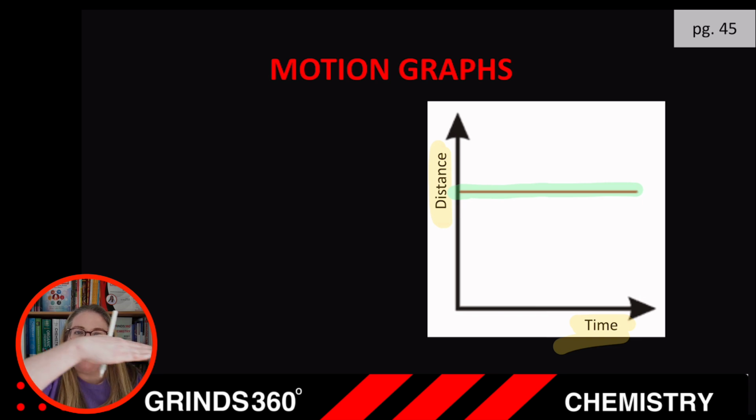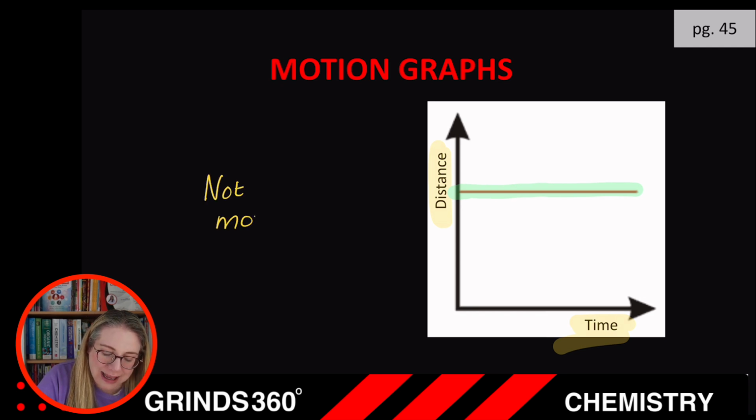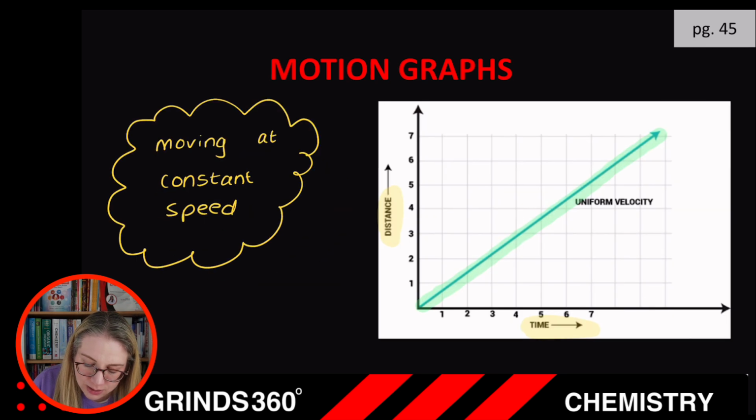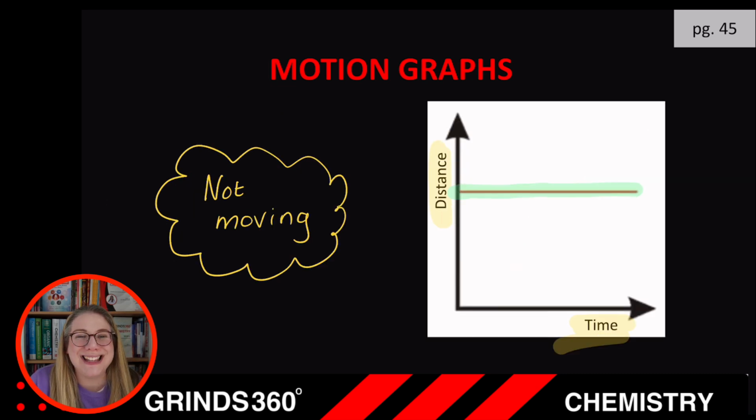So when you see that flat line, when you have distance on the y-axis, that means whatever the object is, it is not moving at all. Okay? So this one, the one before it, it's moving at a constant speed. And this one, the object is not moving at all. It is standing still. And you can tell that because the distance is not changing. And why does distance not change? It doesn't change if you're not moving.